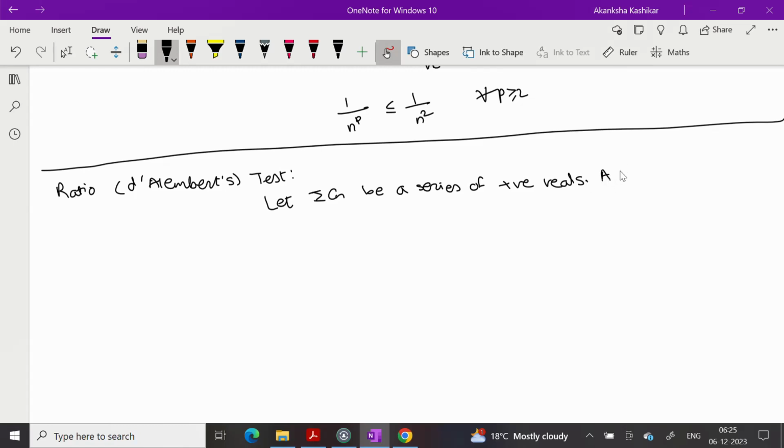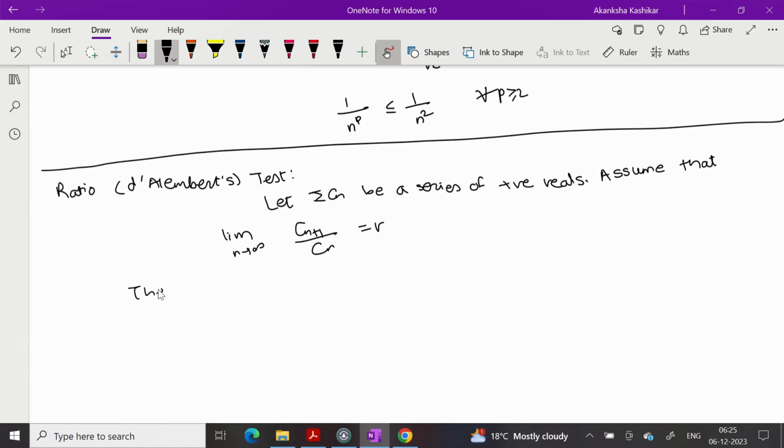Since the name is ratio test, we have to deal with ratios. So assume that limit over n of Cn plus 1 upon Cn is equal to r.